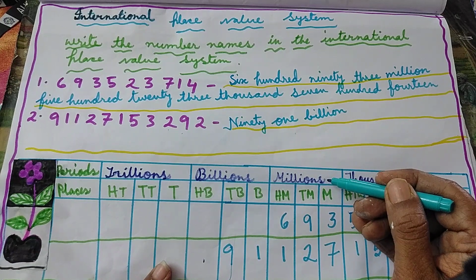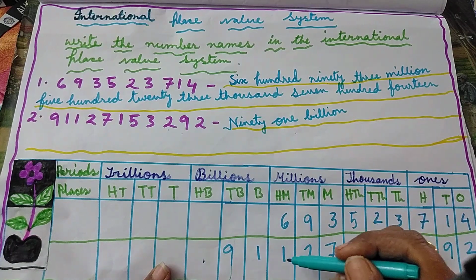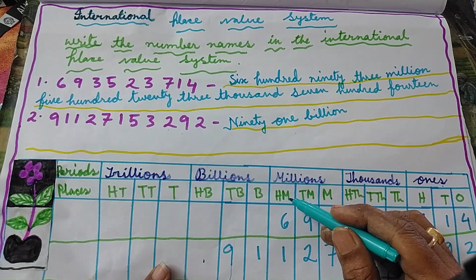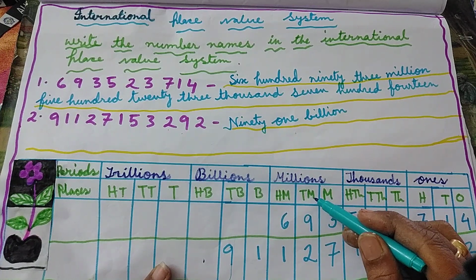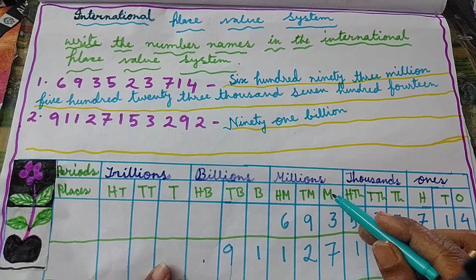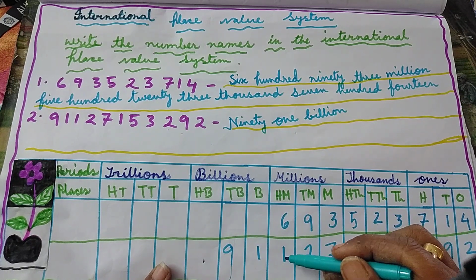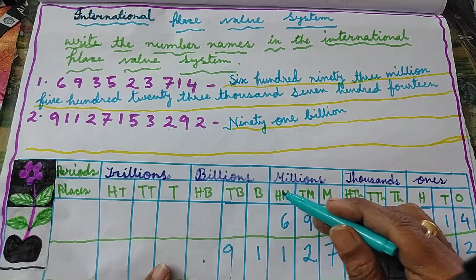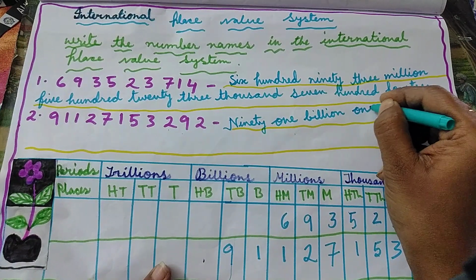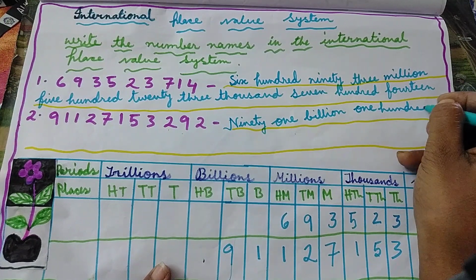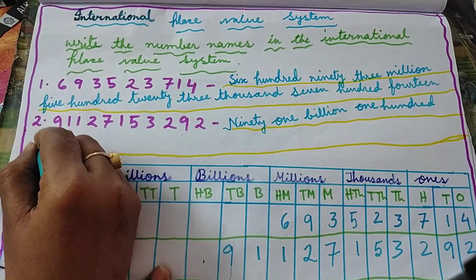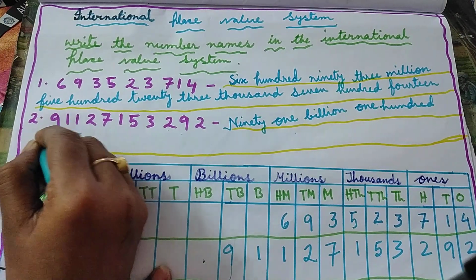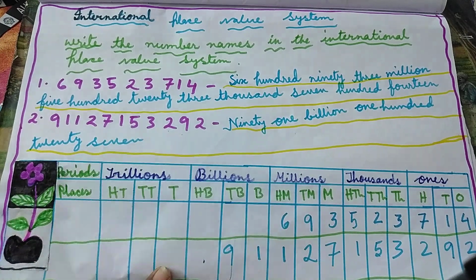Then go to millions period. 1 belongs to 100 millions place. 2 belongs to 10 millions place. 7 belongs to millions place. Okay. So write 1 H for 100. 100. 2 and 7 togetherly makes 27. 27.